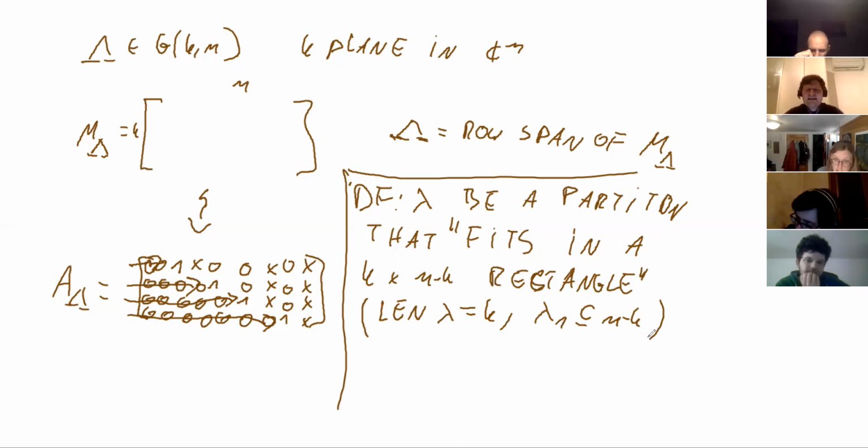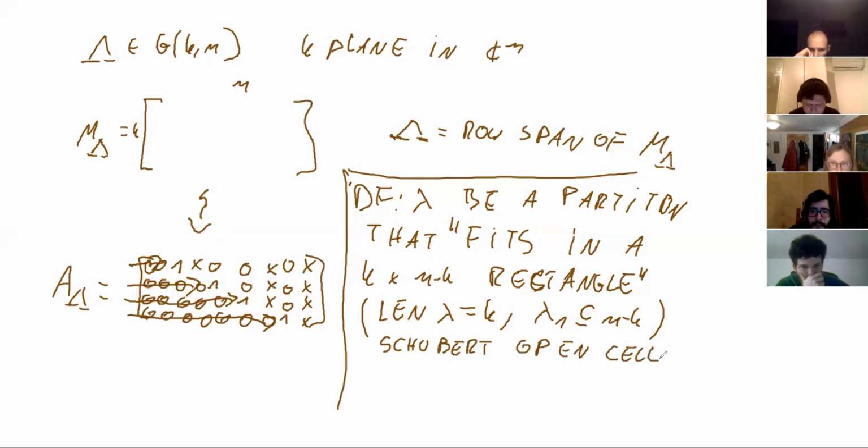Okay, and now to that I define a Schubert open cell. You should think about this as our U_i's.